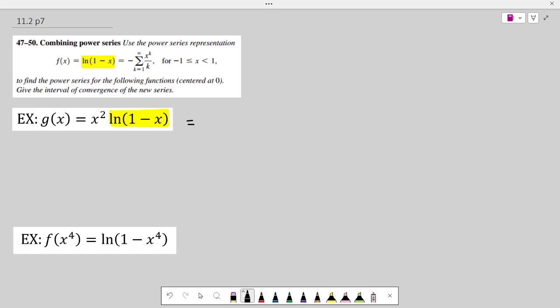All we're doing is multiplying x squared by the power series for natural log of 1 minus x. The power series for natural log of 1 minus x starts at 1, so it looks like this. So once again, all we do is jump the x's into the summation. So we're going to end up with x to the k plus 2 divided by k, still starting at 1.